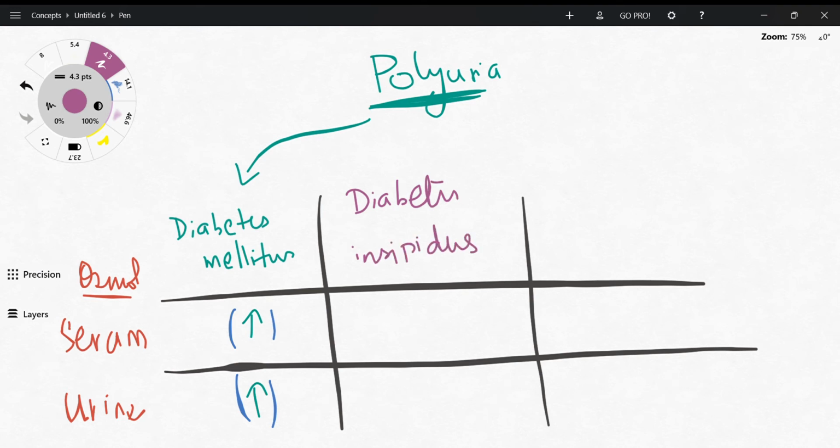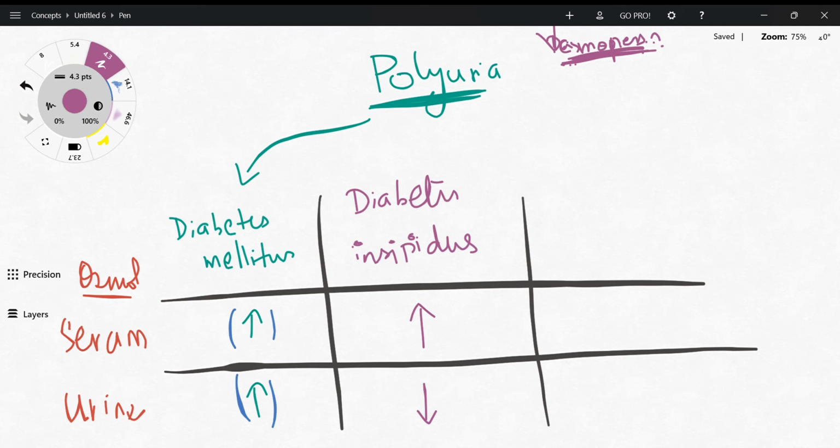So what happens in diabetes insipidus is that there is going to be a pathology with vasopressin. You're either not releasing it from the posterior pituitary, or the kidneys are not responding to it well. So what's going to happen is that you're going to have high serum and low urine osmolarity.